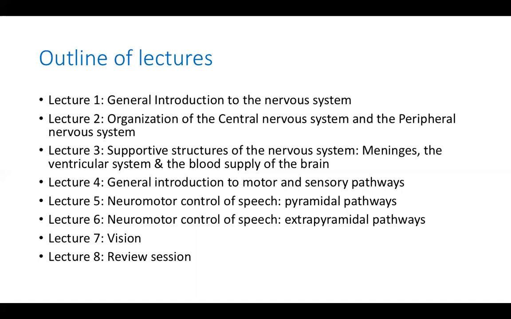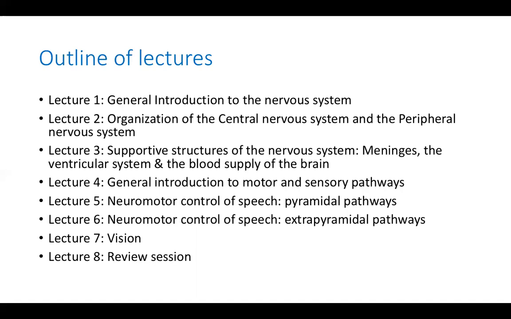We will follow up with the supportive structures of the nervous system. By that, I'm including the meninges, the ventricular system, and the blood supply to the brain. We'll then tune in and give a general introduction of the motor system and sensory pathways. As you can see, we're starting out pretty broad and then tuning in to areas that are more relevant to motor and speech.